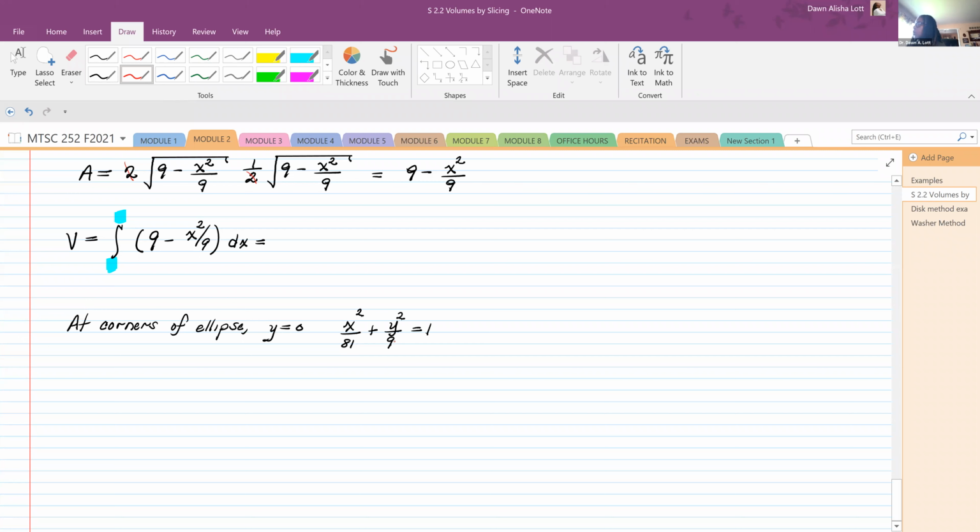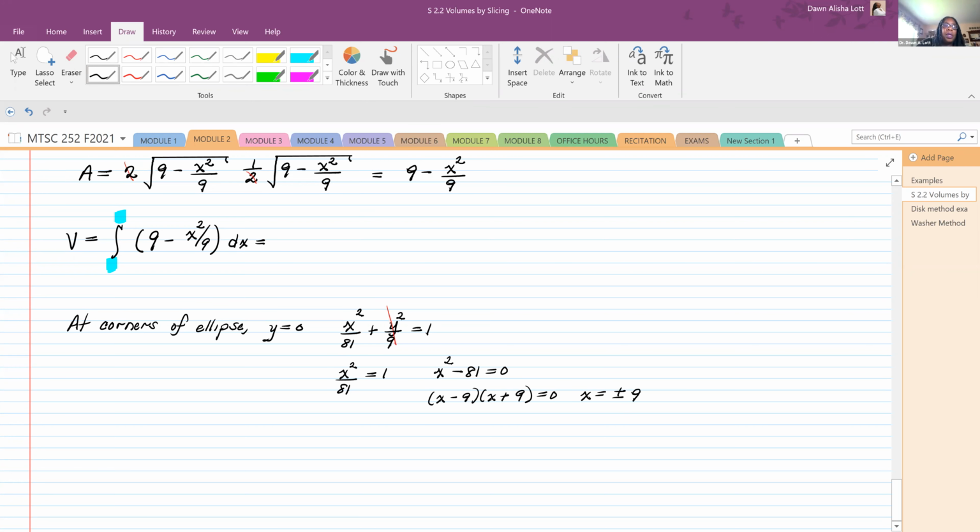So x squared over 81 is equal to 1, or x squared minus 81 is equal to 0, or x minus 9 times x plus 9 is equal to 0, so x is equal to plus or minus 9.